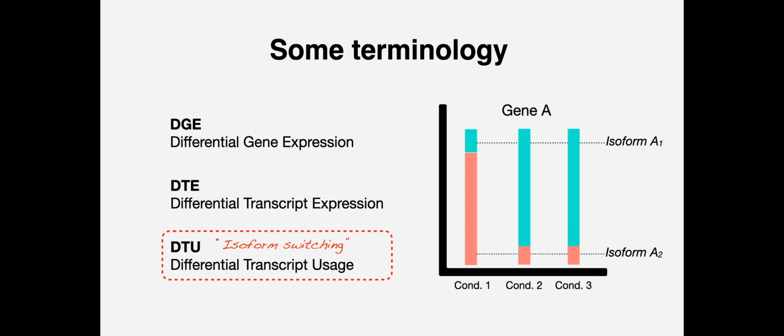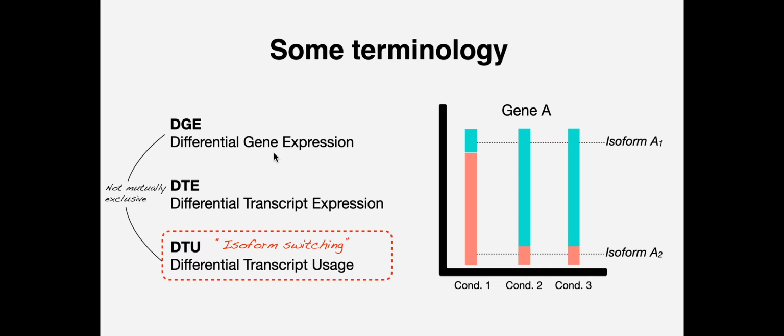That, as I referred to, is frequently called isoform switching, when the relative proportion or fraction of a gene's expression is accounted for by different isoforms across different conditions.